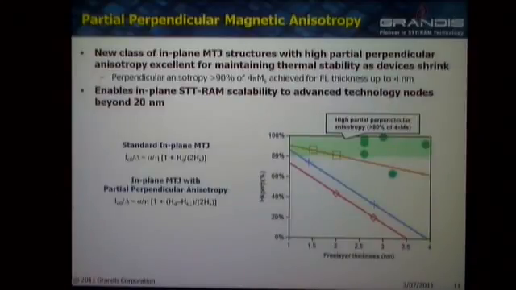If it's becoming smaller, the only way to increase volume is to make it thicker. So if you have a 3 to 4 nanometer free layer with high partial perpendicular anisotropy, you can have a low switching current, but also high thermal stability, even beyond 20 nanometers.